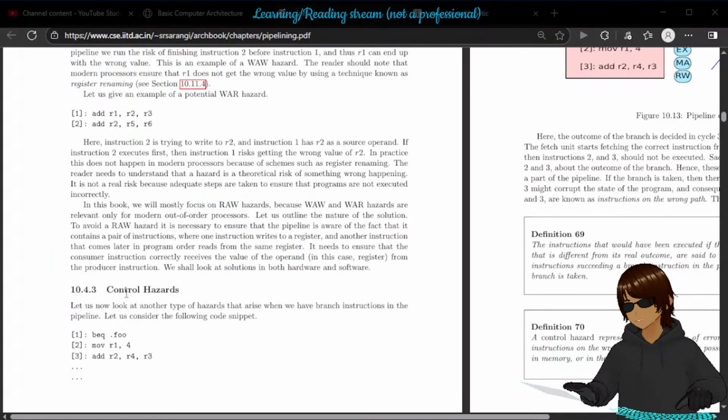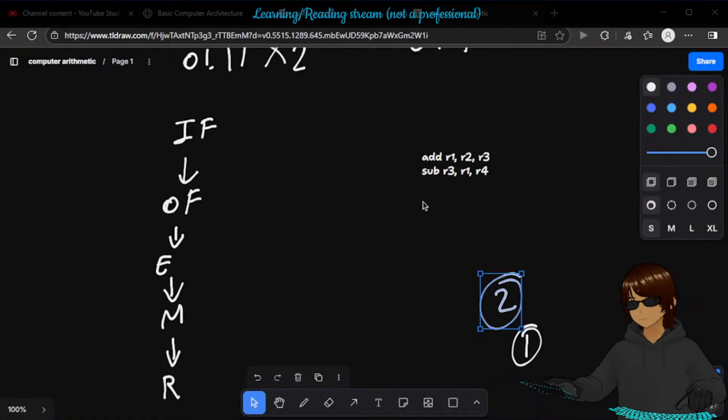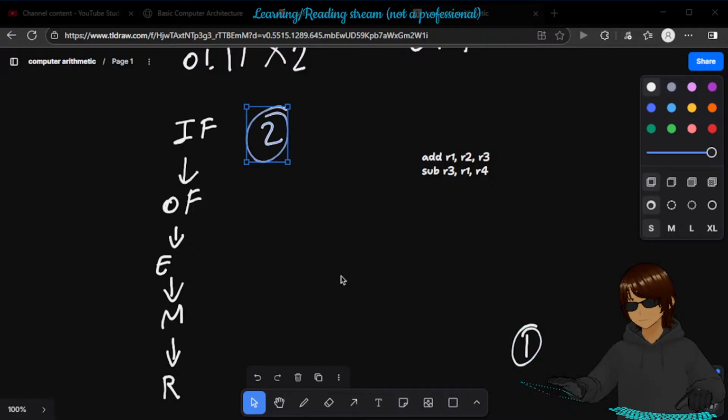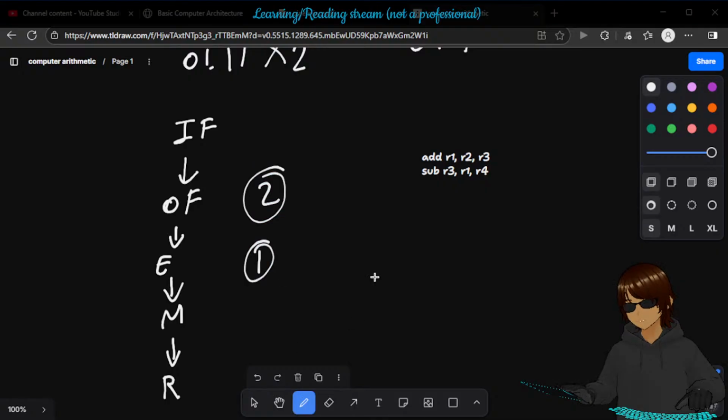The next hazard is the control hazard. Here we have branch if equal foo, and then instruction 2, instruction 3. But the thing is, one enters, 2 enters, and over here 3 enters.